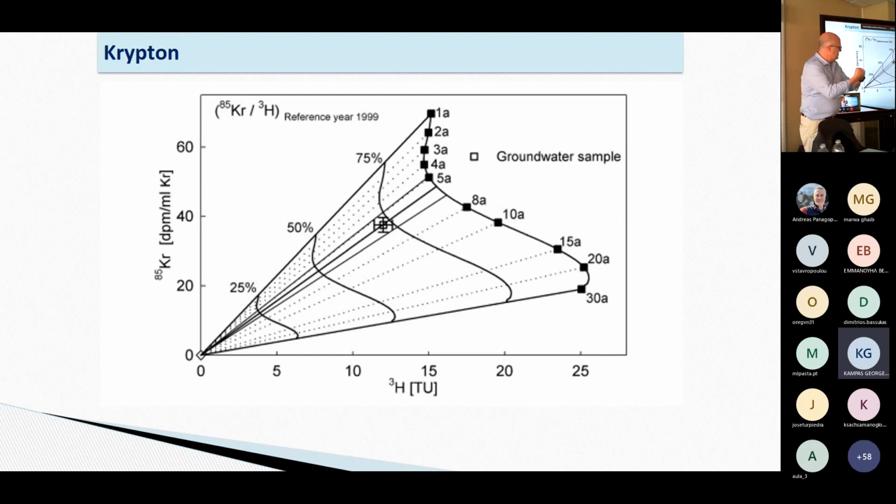We take the tritium value of a certain year or age and the corresponding krypton or SF6 value, and both give a line. This line corresponds to ages from 1 to 30 years that are determined by both tracers coinciding. Is that clear so far?